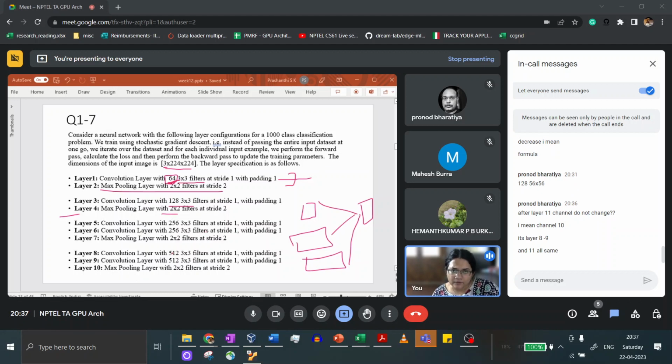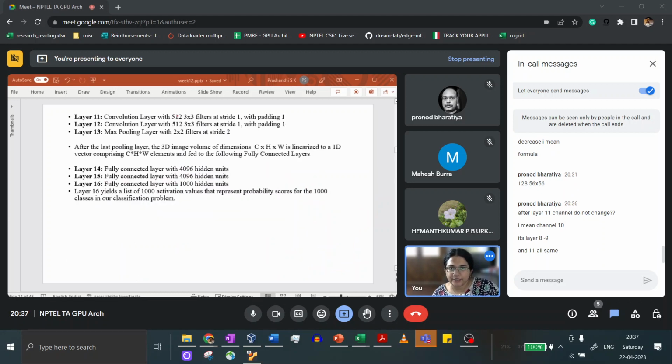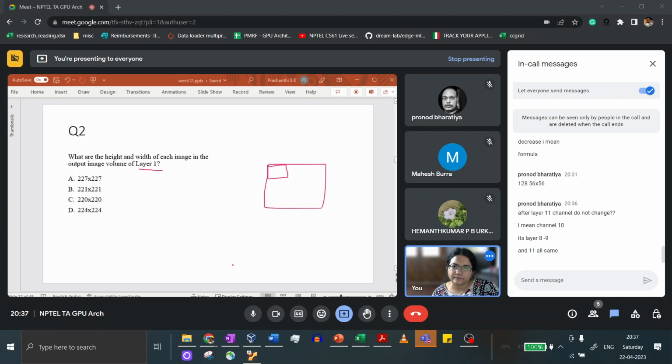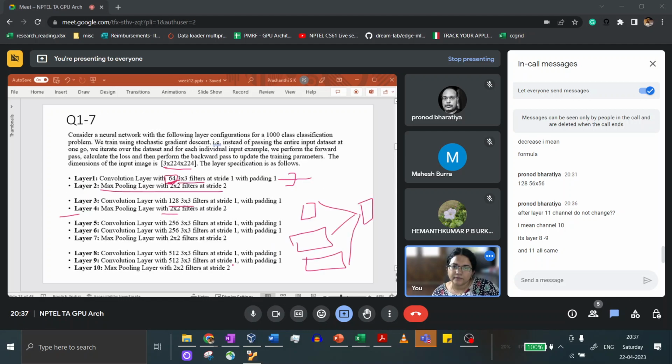Okay. Yeah, all of them seem to have 512, so it doesn't change. All of them have 512. That's something that if you notice, you can quickly skip past some of the computation.